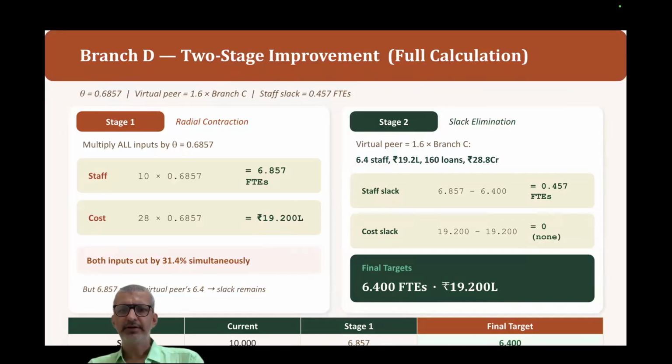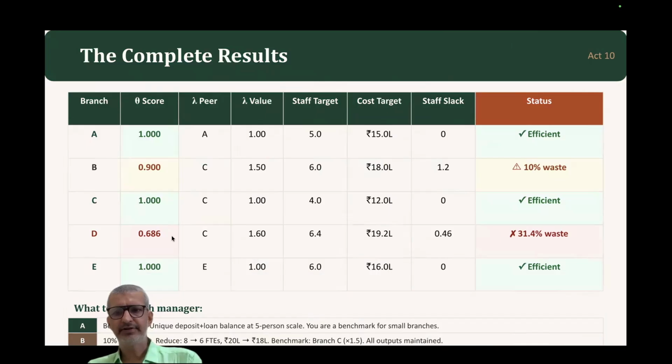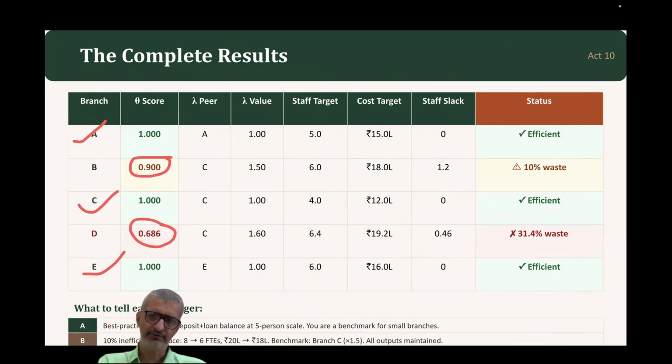So when we calculate this, what we find is that we had branches A, C, and E on the efficiency frontier. They were 100%, and branch B was at 0.9, which is 90%. There's a 10% waste, and D was at 0.686, right? There was a 31.4% waste.